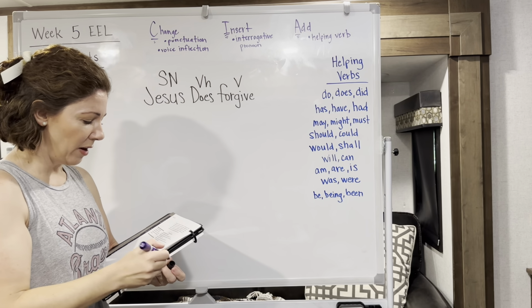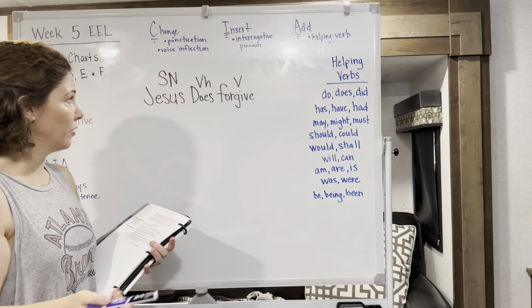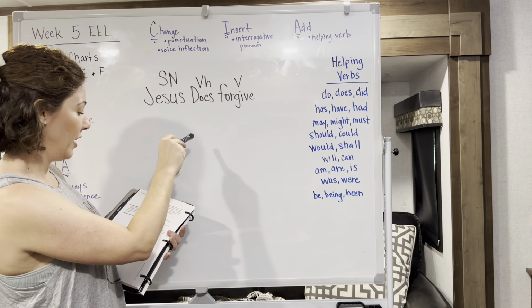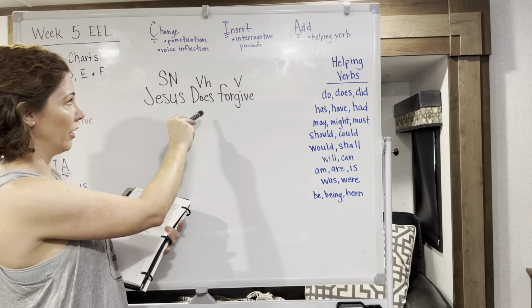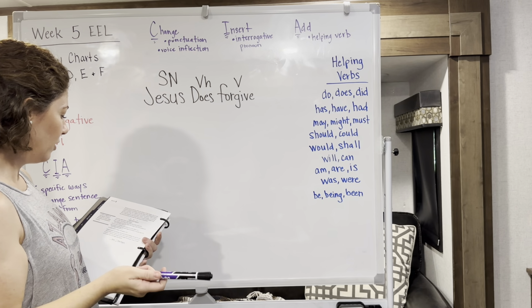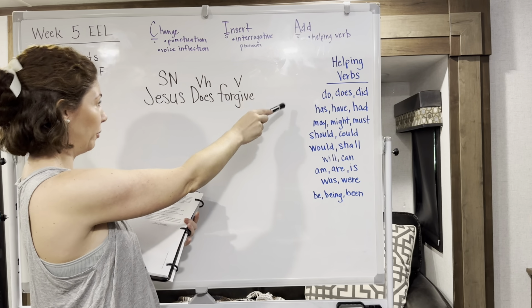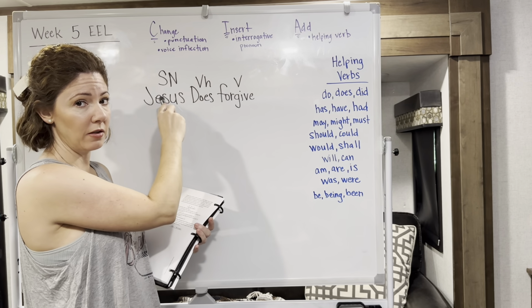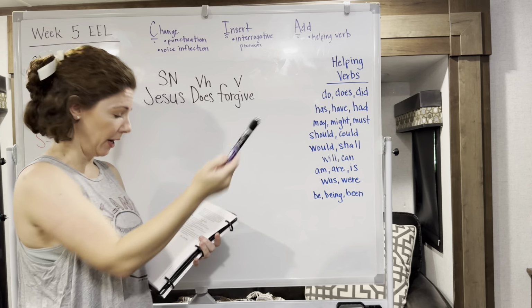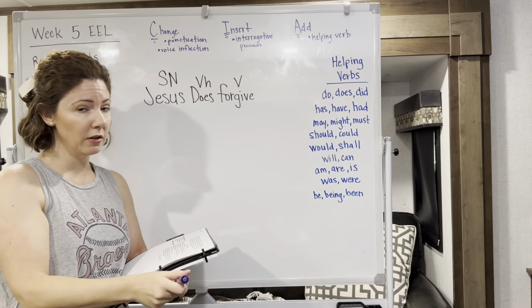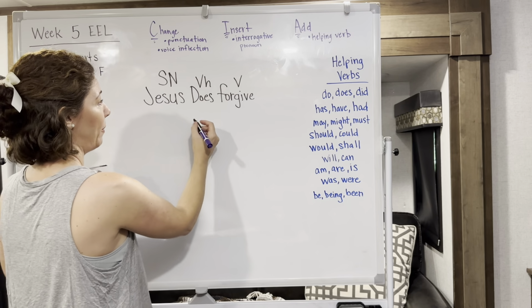Okay, and then we're going to ask ourselves, does anyone or anything receive the action from does forgive? Is this being transferred to anything else? No. Does anyone or anything come after forgive to rename or modify Jesus? Nope, nothing else there, okay? So now we know that this is just a subject, verb, intransitive pattern.